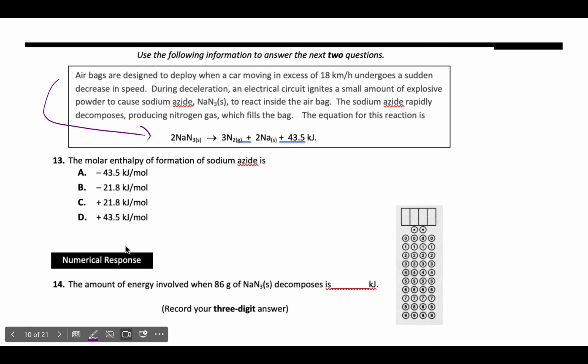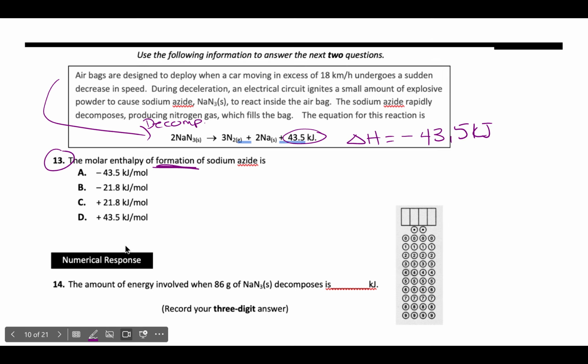Now this question I do think is kind of mean, but you do see questions like this, so just be aware. This is giving you the reaction with a delta H, so when you take it out of the formula, it's going to be negative. It's an exothermic reaction. But this reaction is representing decomposition, and the question is asking you for formation.